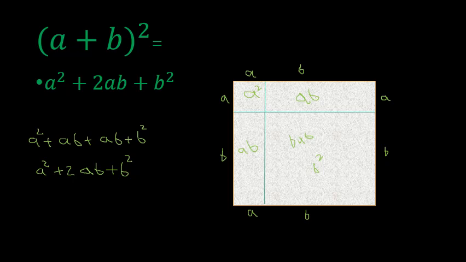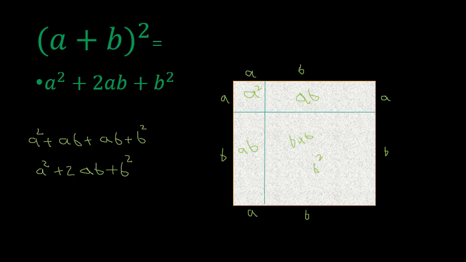The area of the first figure is A square. Area of the first rectangle is AB, that we will write here. Then the area of the second rectangle is also AB, and we will add it.